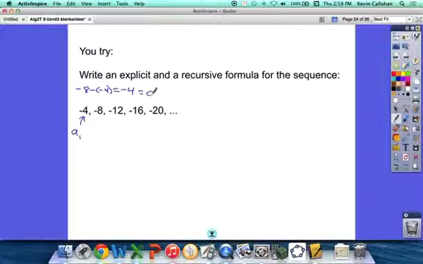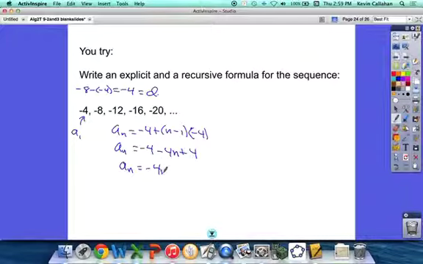So that's D. So AN equals -4 plus n minus 1 times -4. Distribute. AN equals -4 minus 4n plus 4. So AN equals -4n.